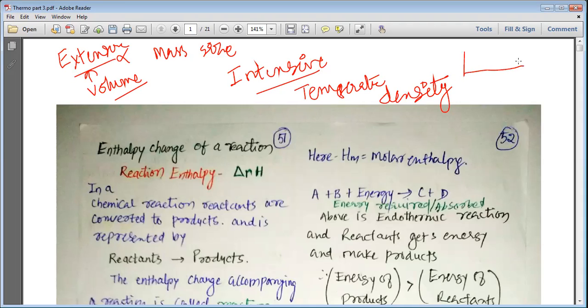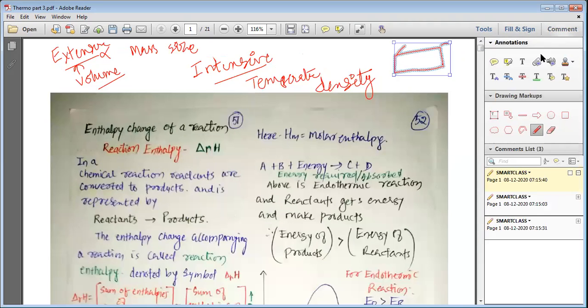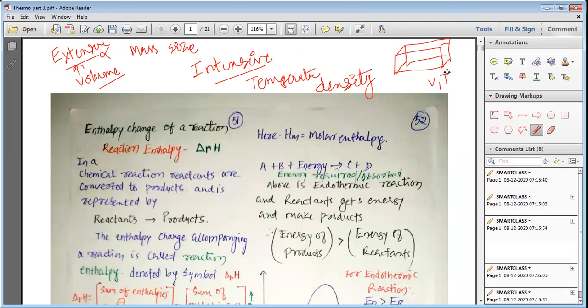We have even seen it by showing you a particular type of figure, where we have a box or a cuboid, and then we have the temperature. Initial volume was V, and temperature is T.